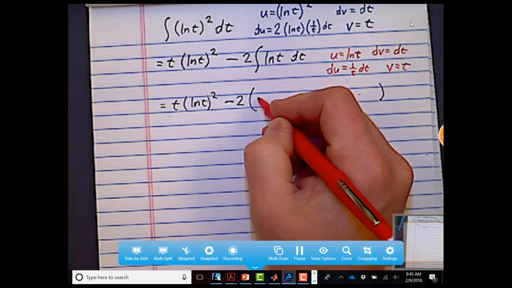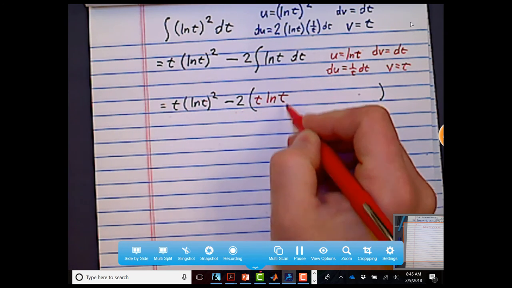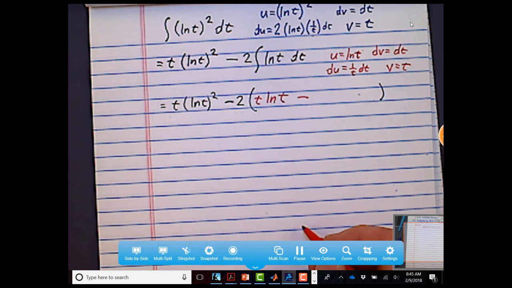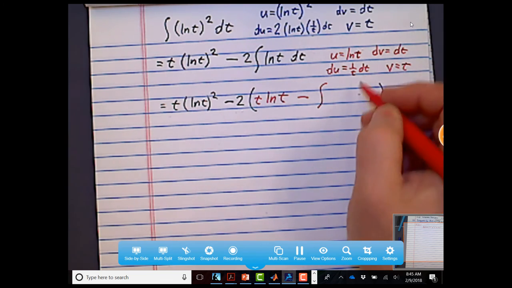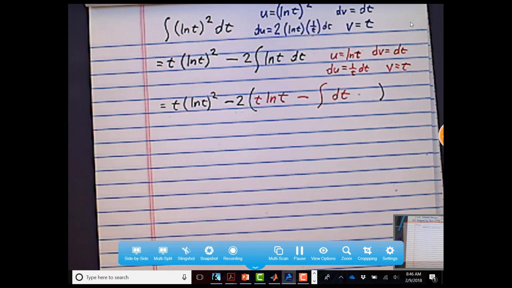I'll write it as t times natural log of t. Yep, that's my uv. Minus, oh, look what the integral happens. What's the integral going to be? Just dt, because the t and the 1 over t cancel just like last time. So this is kind of a 2-step problem instead of a 3-step problem, but we get there.